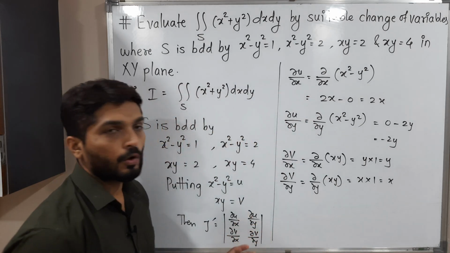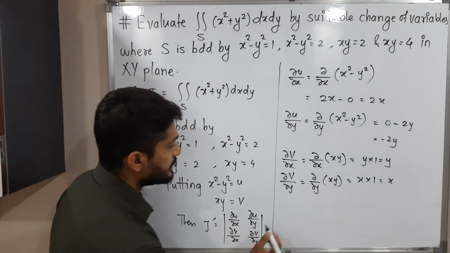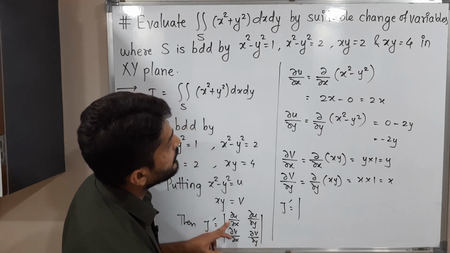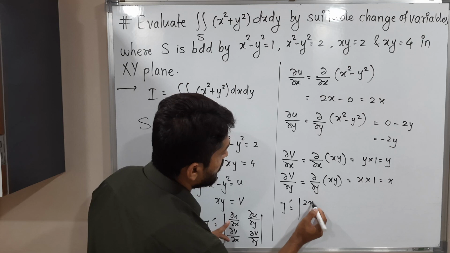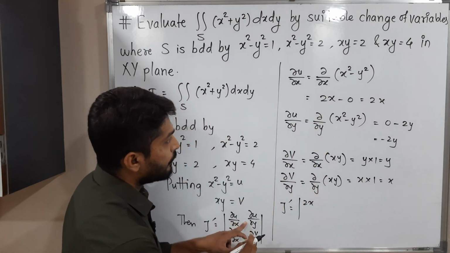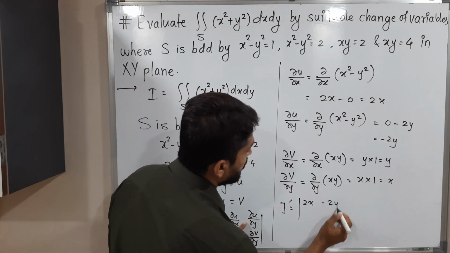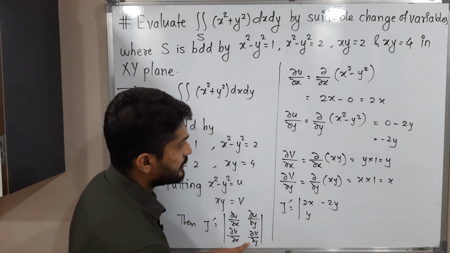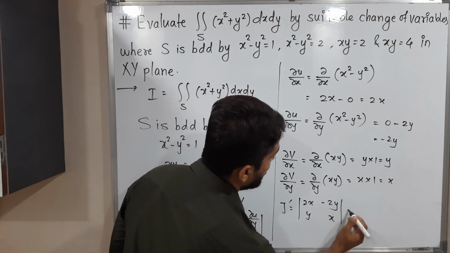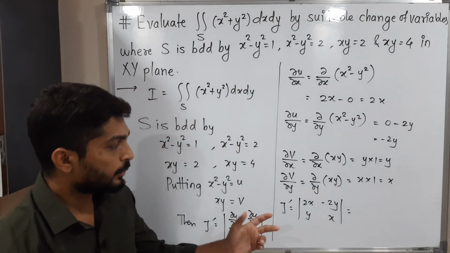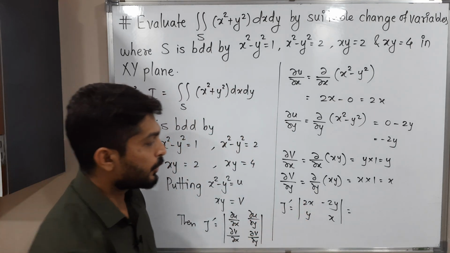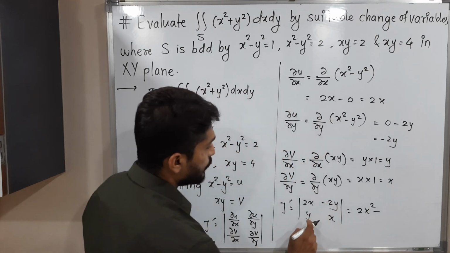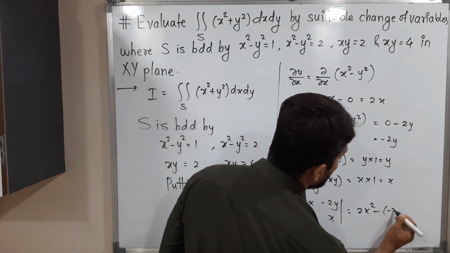So in this way I got all 4 derivatives, so it's easy to calculate J dash. Let us put the values. Its value is 2x, the value of this one is minus 2y, the value of this one is y, and the value of this one is x. Let us solve the determinant. You know how to find the value of a determinant. Product of these two, which is 2x square, minus the product of these two terms, which is minus 2y square.